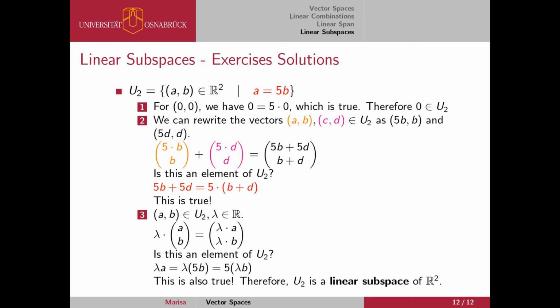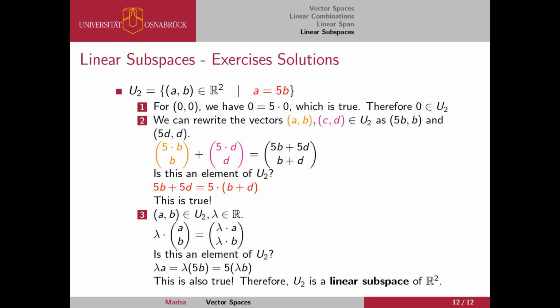For the second axiom, which was about the vector addition, we do the same as in the last example. So we imagine that we have two vectors from our set U2. And we call one of them (A, B) and the other one (C, D).